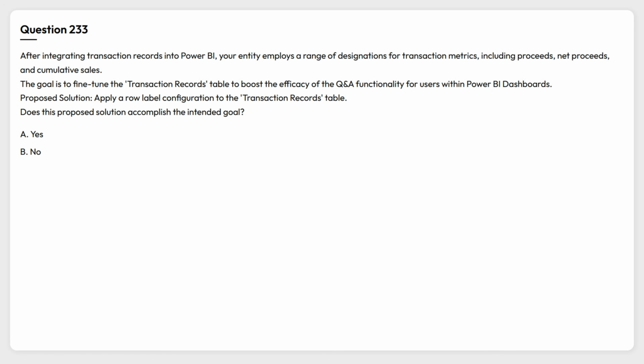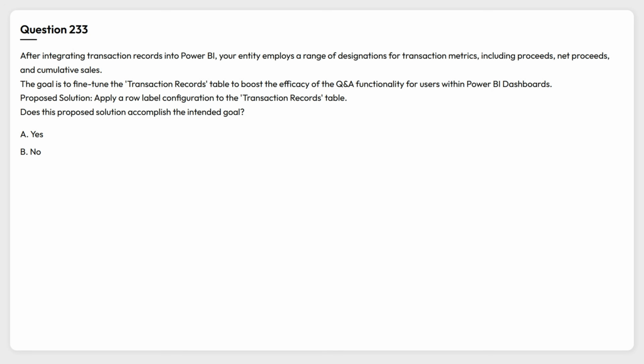Question number 233. After integrating transaction records in Power BI, your entity employs a range of designations for transaction metrics, including proceeds, net proceeds, and cumulative sales.